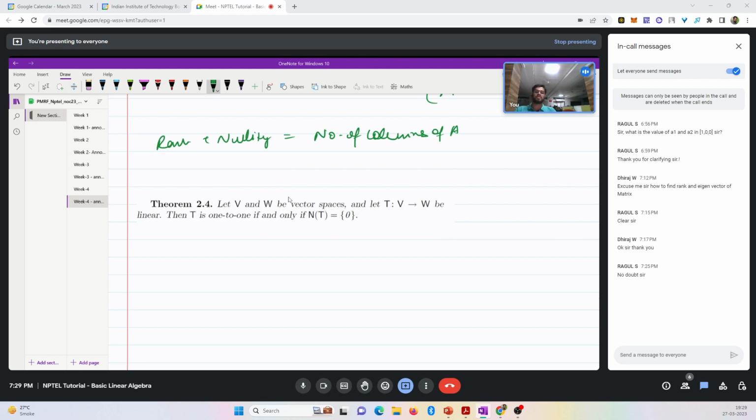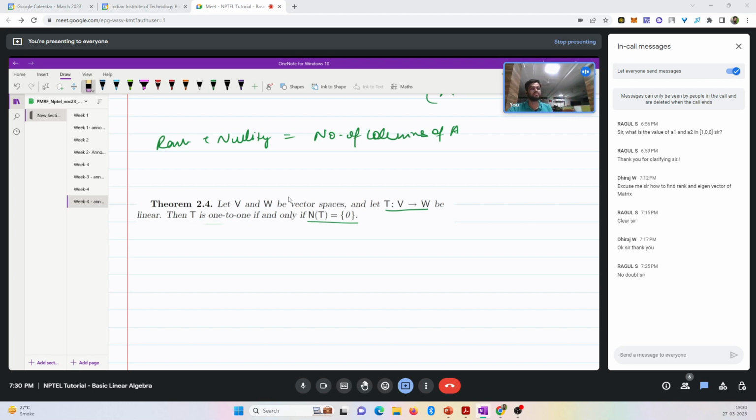Let's try to prove some theorems. This might involve the rank nullity theorem or might not, but they are definitely related to linear transformations. Now, let's say T is a linear transformation. Then we want to show that T is 1-1 if and only if the null space of T is equal to 0. So it is an if and only if condition. In order to prove this, we need to assume one and prove the other.